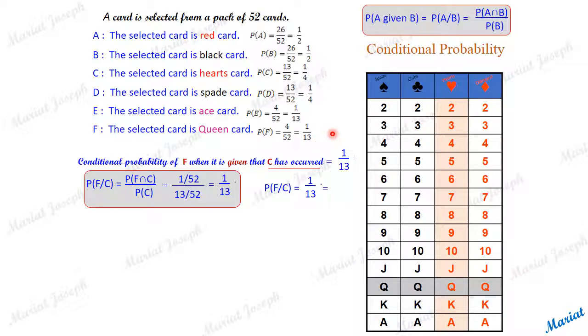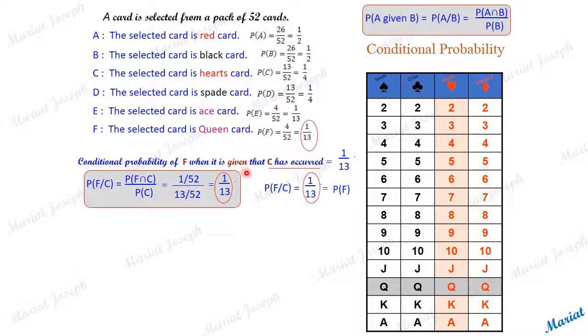Here the simple probability was already 1 by 13. By providing a condition that C has occurred, the probability is also 1 by 13. Conditional probability is 1 by 13 and simple probability was also 1 by 13. That is the speciality of these two events here.